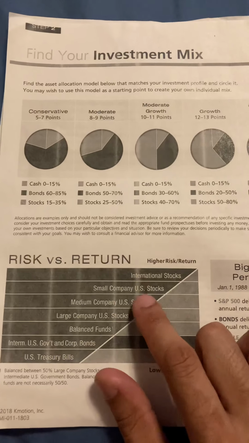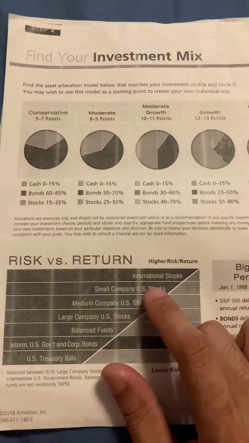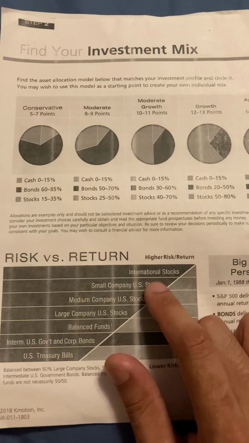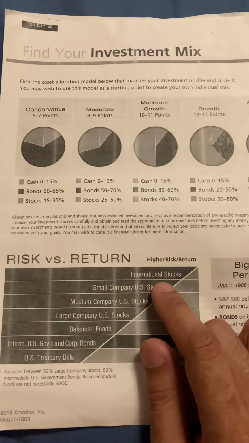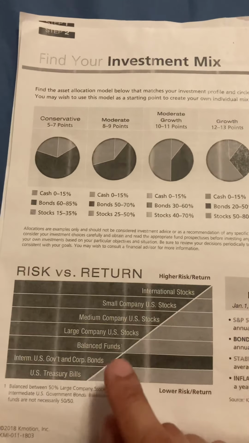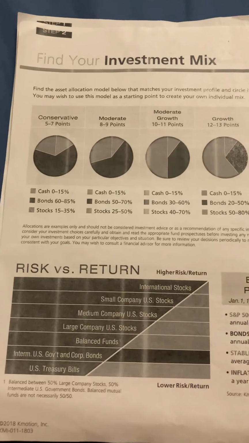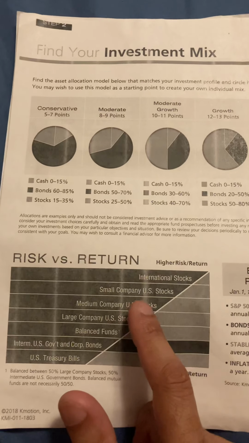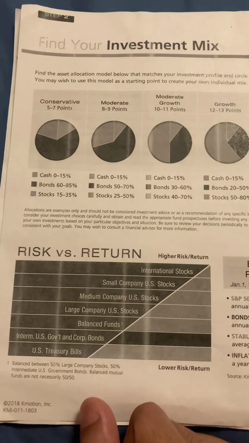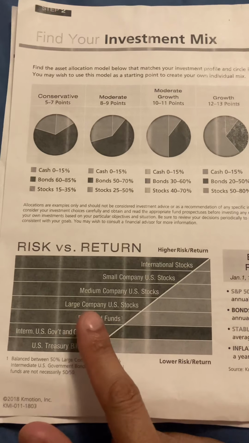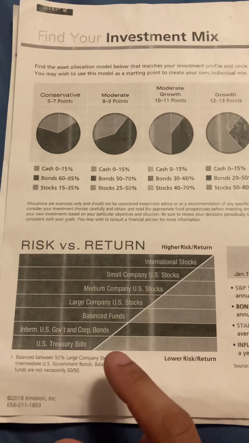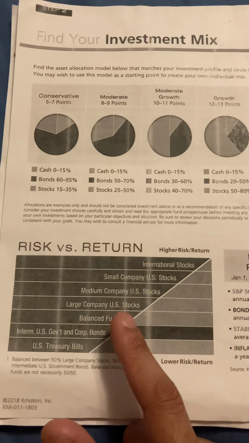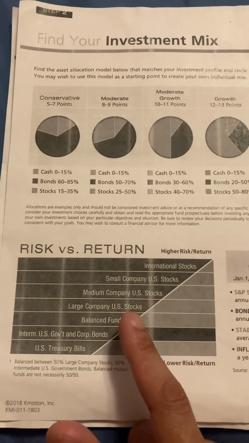Small company US stocks are considered companies that are 2 billion in market cap or less. Medium company US stocks are considered 2 billion to 10 billion market caps. Large company US stocks, from my understanding, are companies that are 10 billion market caps or higher.